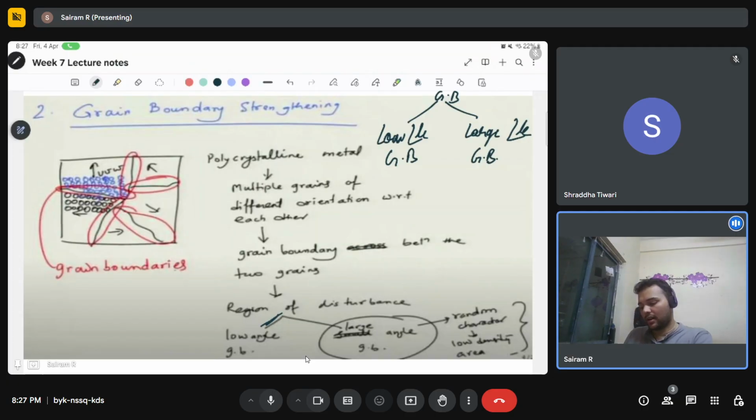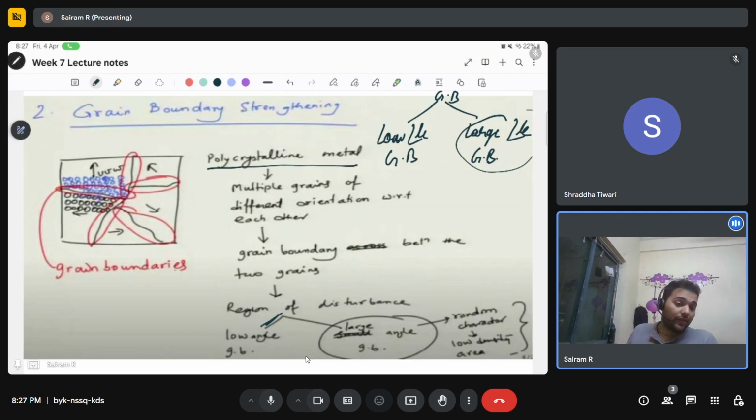Our major focus would be the large angle grain boundary, because the process of grain boundary strengthening in the low angle grain boundary is quite different and not in the scope of this lecture right now. And again, we are more concerned about polycrystalline material.